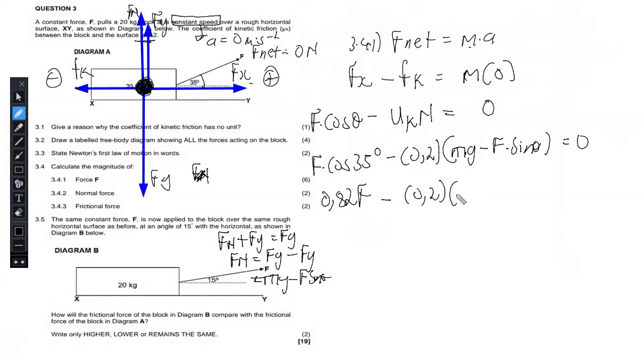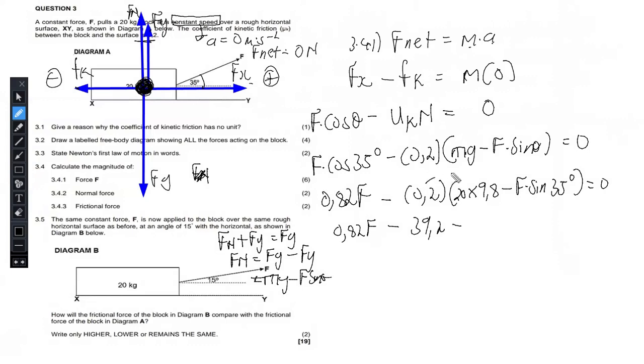My mass here is 20 kg, so I will have 20 times 9.8, and then minus F sine 35 degrees is equal to 0. So this is 0.82F, and then minus 0.2 times 20 times 9.8, and this is supposed to give me 39.2.